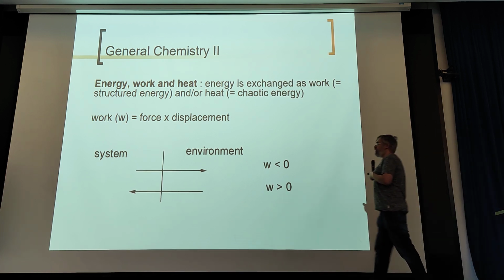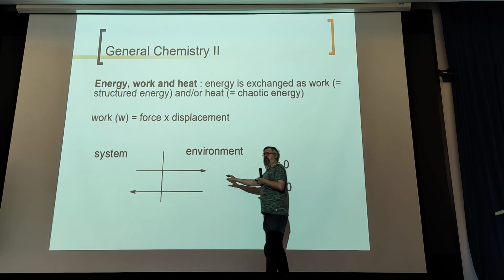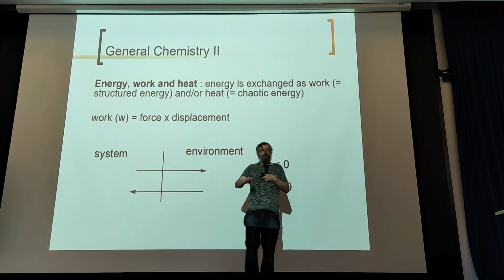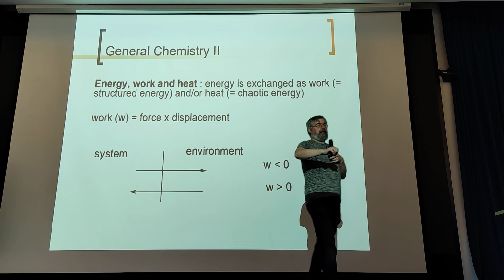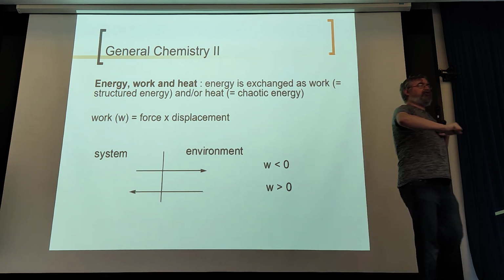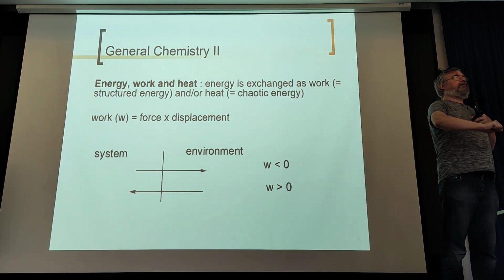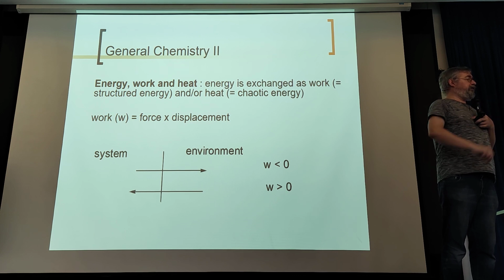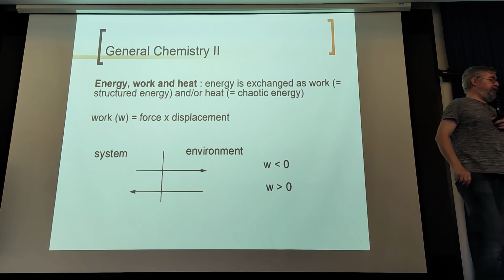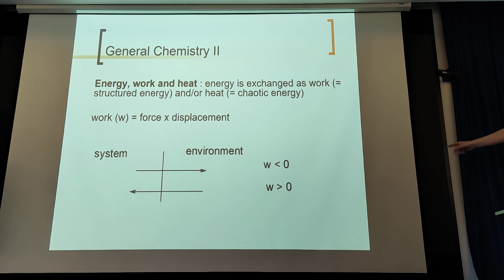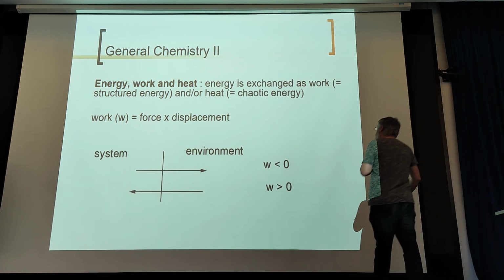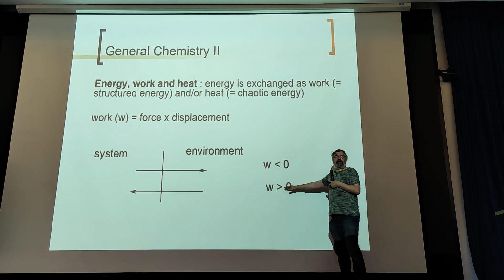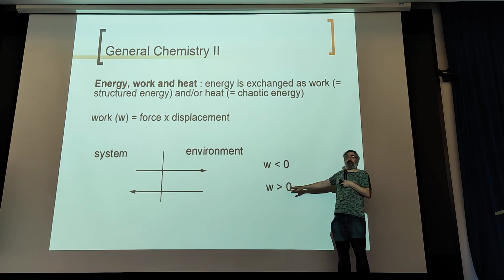It could also be that the inverse is happening. So you have a reaction flask and the environment puts pressure on it. Now the system has gained energy because the work is coming from the environment and going to the system. So same type of work, but the sign is actually changing.